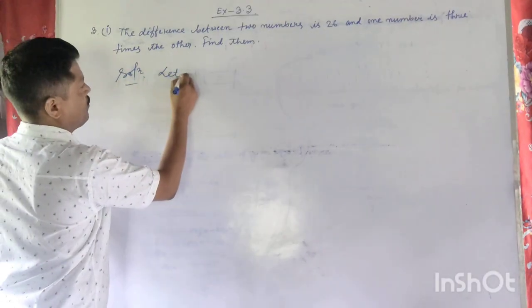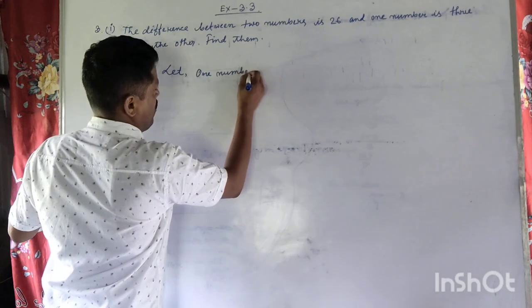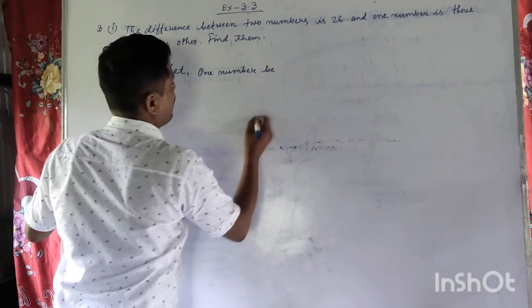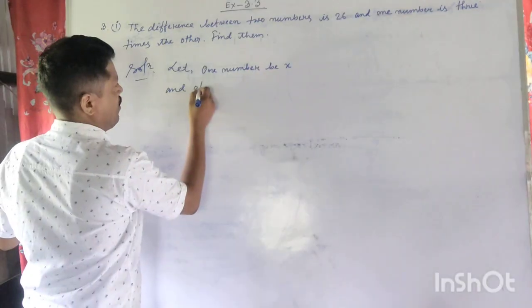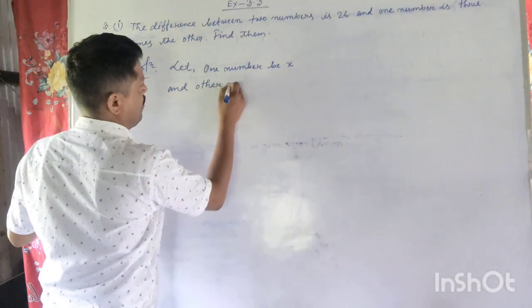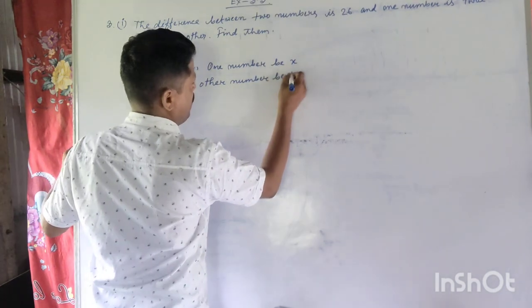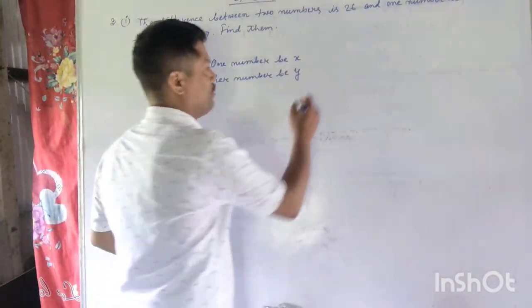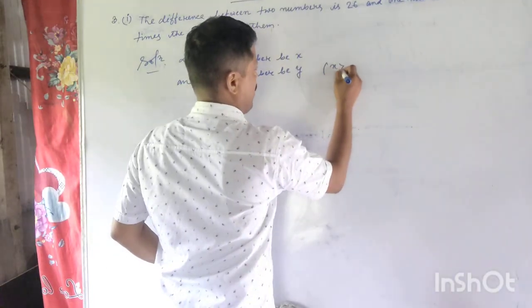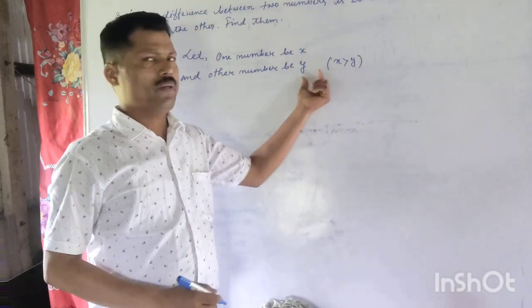Let one number be x and other number be y. If we write like this, x greater than y, then it will be easy. From x we can subtract y.